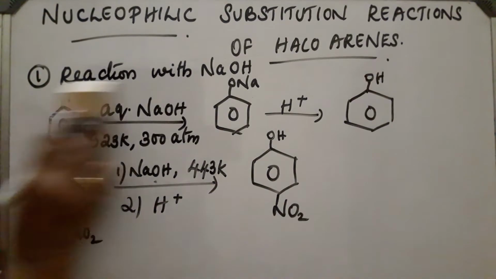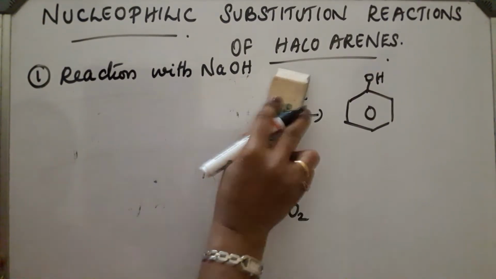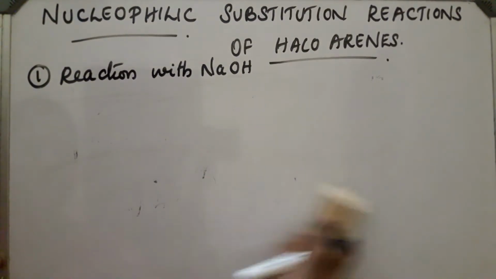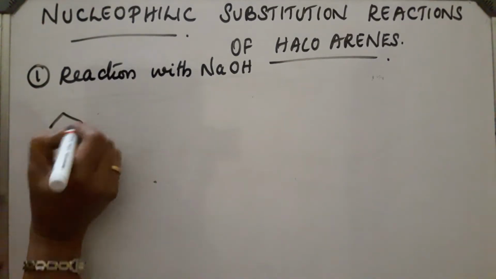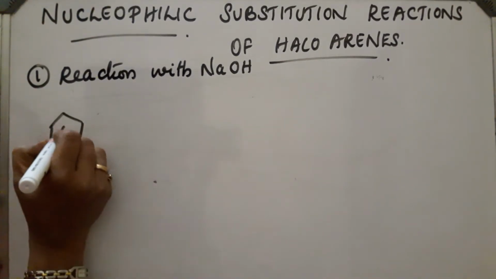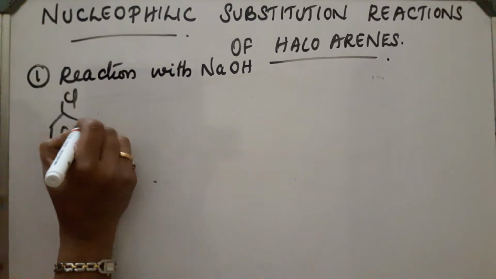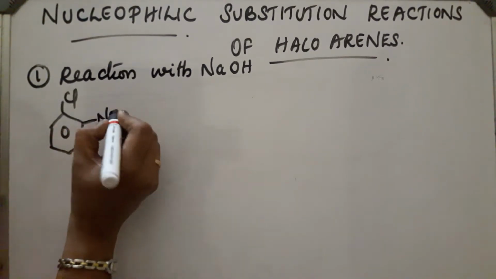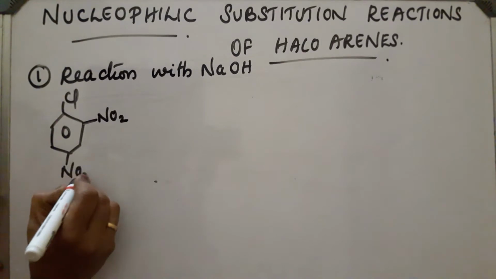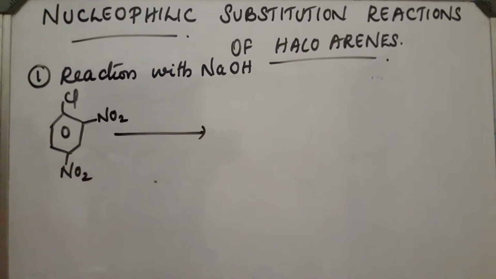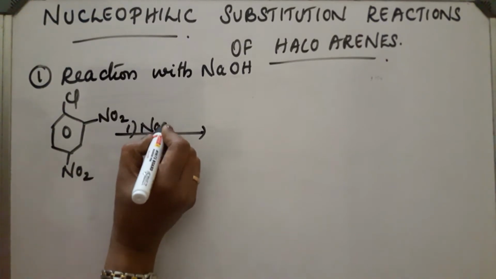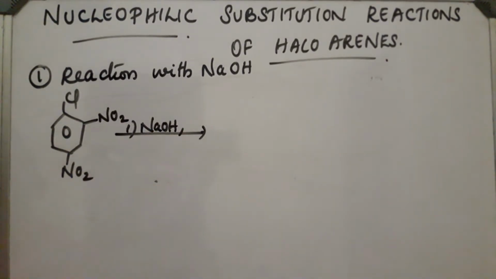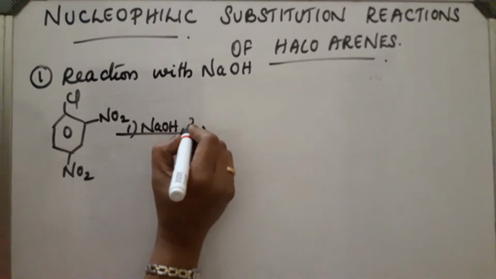Next, chlorobenzene with NO2 at ortho and para positions, on reaction with NaOH, reacts at a temperature of about 368 Kelvin.